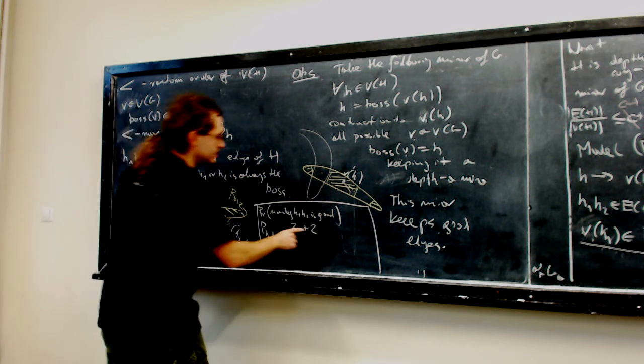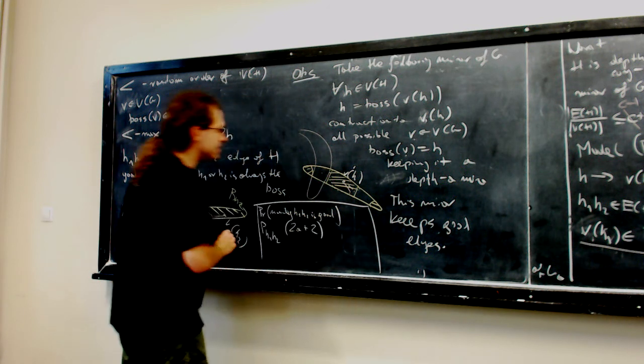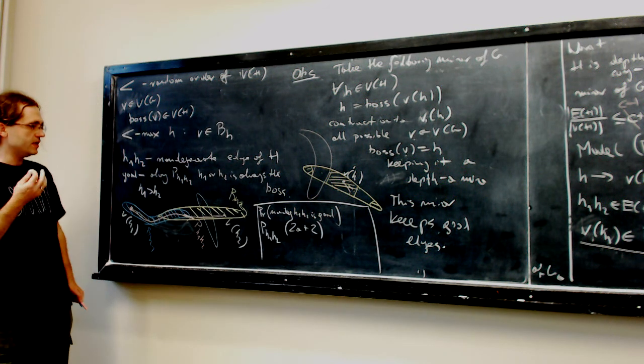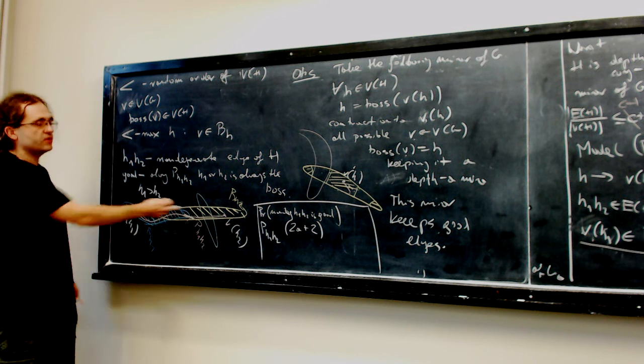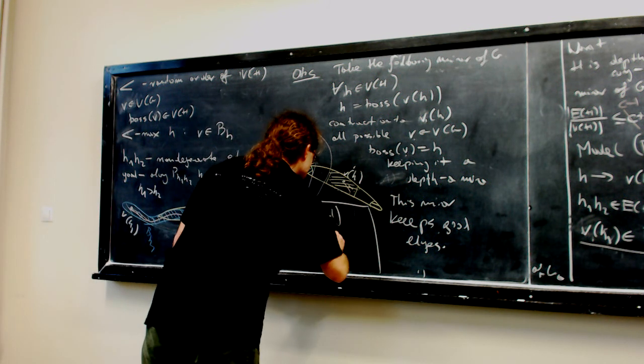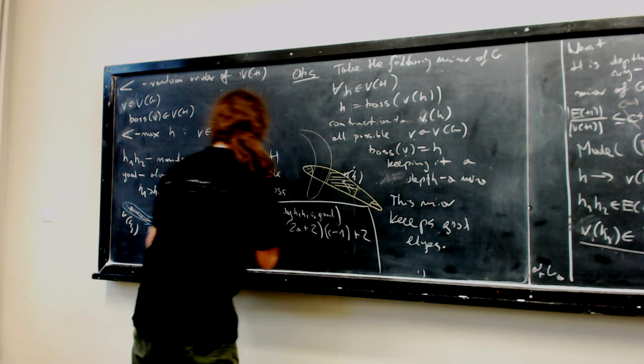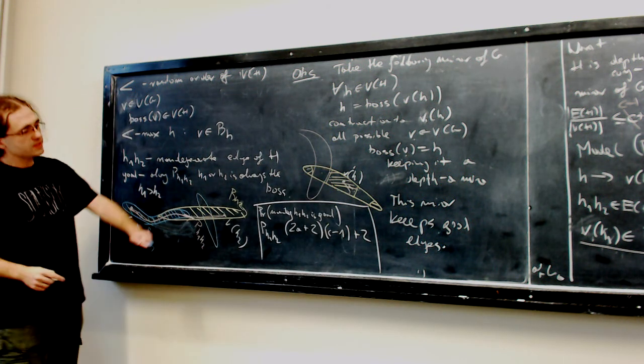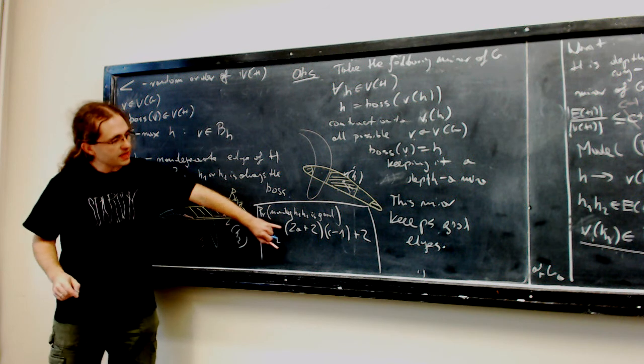So it sees this number of vertices, and at every step it sees C minus 1 other blobs apart from these two. So this is times C minus 1, plus these two extra blobs up here. So this is the number of other blobs this edge sees.